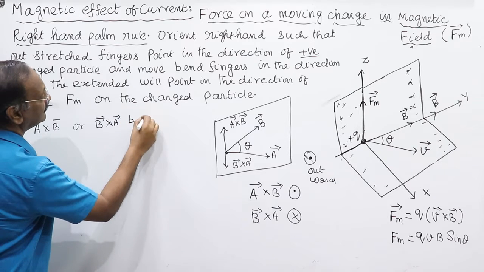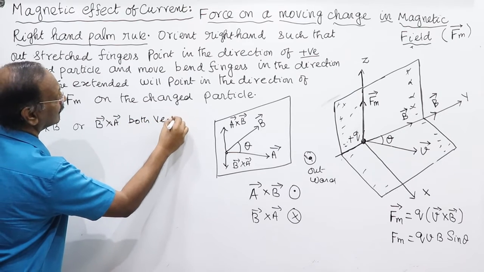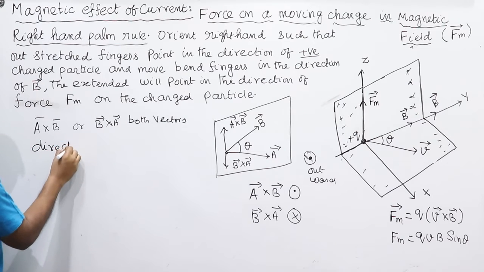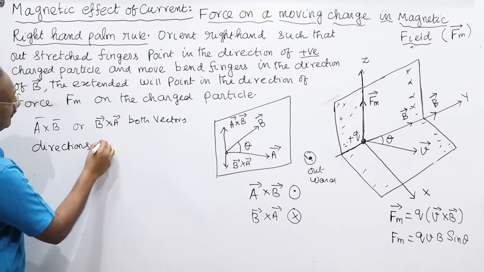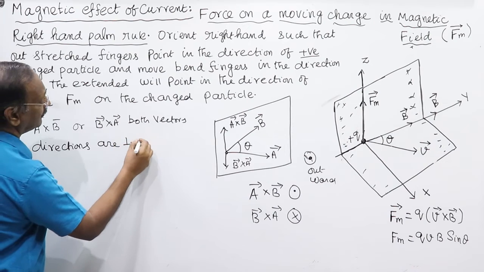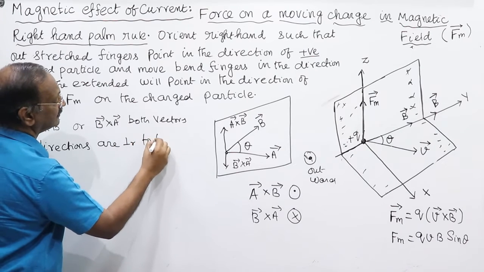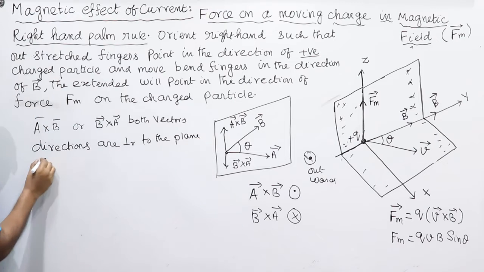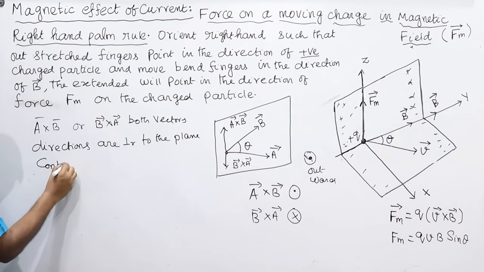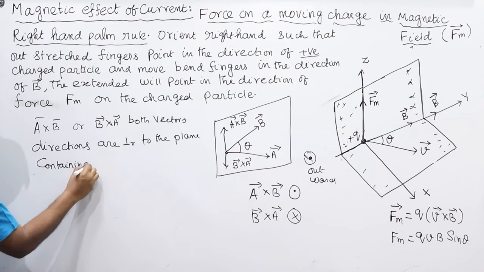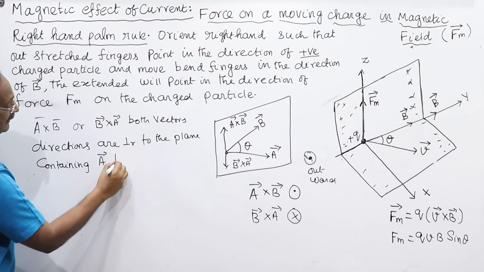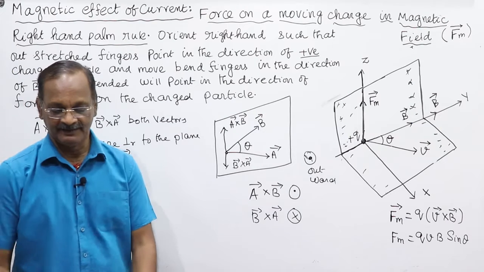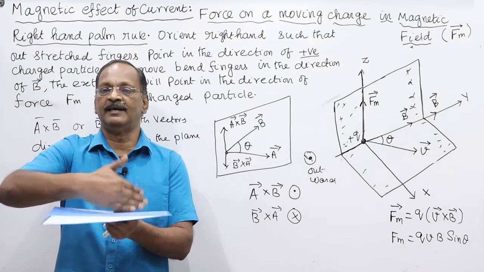Both vectors' directions are perpendicular to the plane containing vector A and vector B. This is the plane in which A and B are contained.